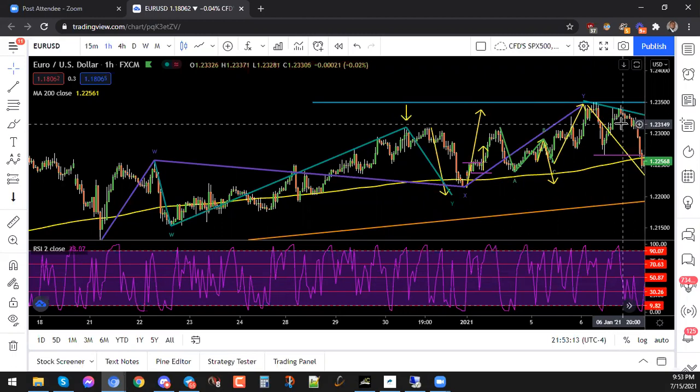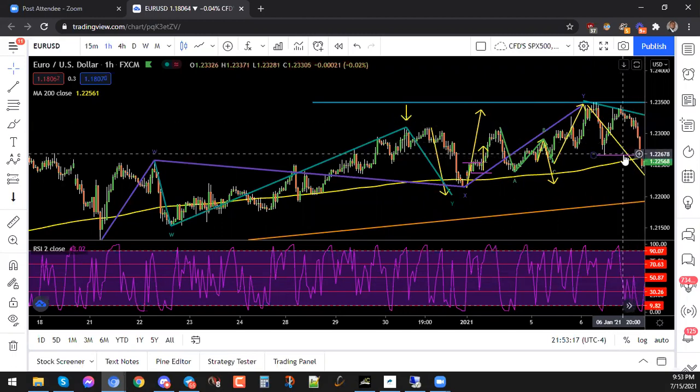For those of you who are support and resistance traders, some of you may want to look at this area and say that this is a support area and you may want to exit at this level. For those of us who are wave traders, we may look at this and see this bottom here and we may want to exit this trade.